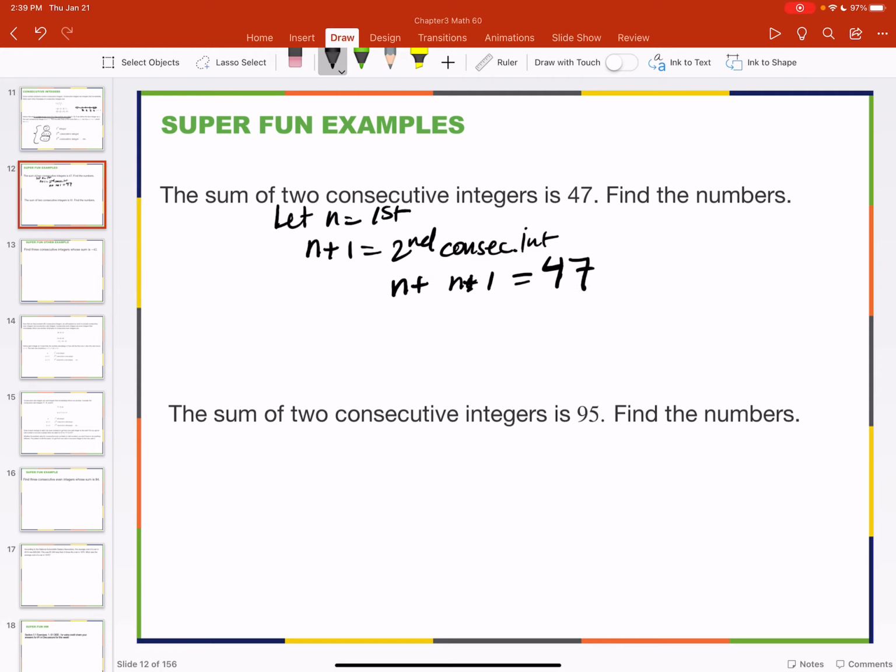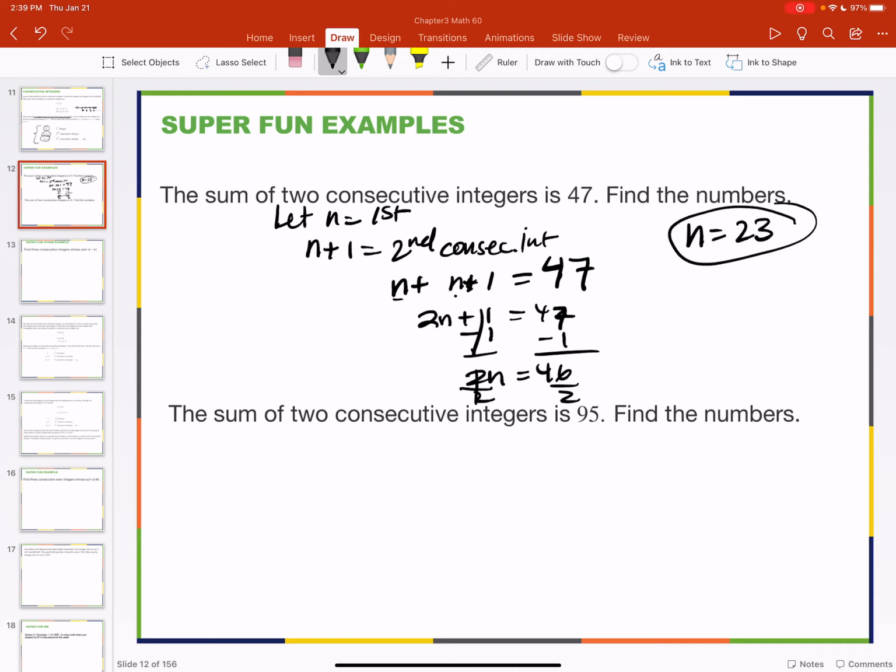Combine like terms, we get 2n plus 1 is equal to 47. Subtract 1, and we get 2n is equal to 46. Divide by 2, n is equal to 23. So that's the first one. What about the second one?